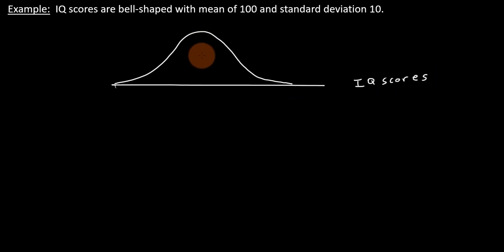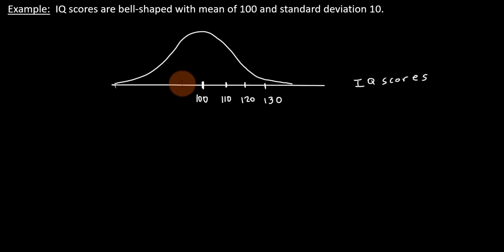I'm going to put a tick mark in the middle. And what number can I associate with that tick mark? That would be the mean of 100. And I'm going to put a few tick marks to the left and to the right of 100 to represent 1 standard deviation greater than the mean, 2 standard deviations, and 3 standard deviations greater than the mean.